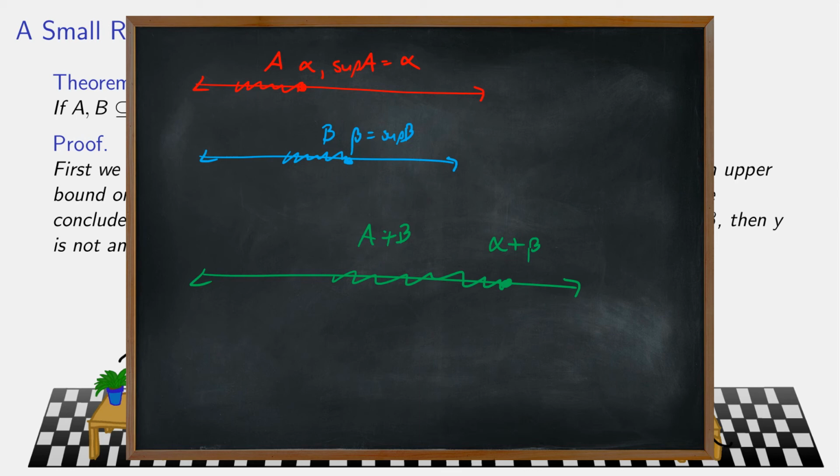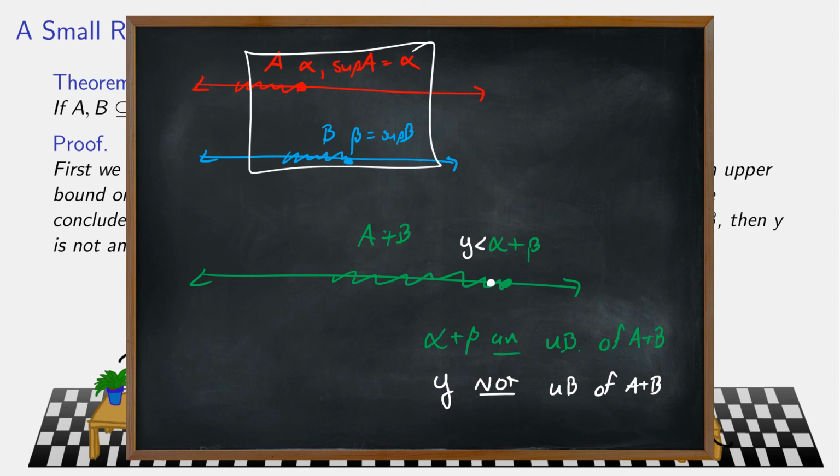We have done that. Alpha plus beta is an upper bound of A plus B. Now we're going to take the real number y, which is less than alpha plus beta, and we want to show that y is not an upper bound of A plus B. In other words, alpha plus beta is an upper bound, but nothing smaller than it is. That is the definition of being the supremum. We assumed that A and B had supremums. Now we want to prove that A plus B does as well, and it's exactly alpha plus beta.